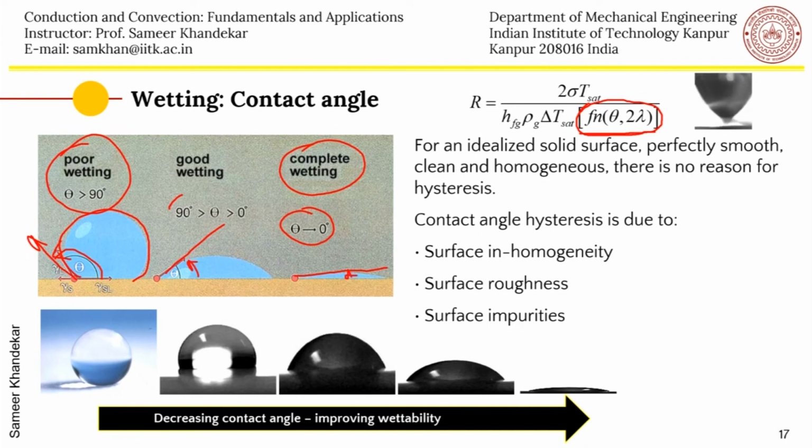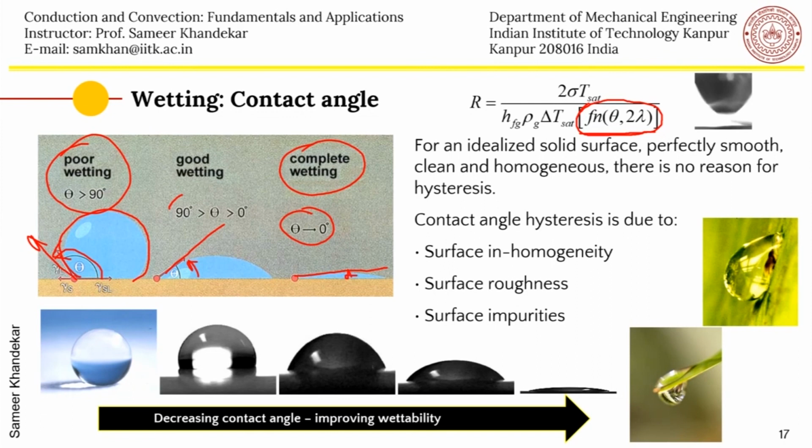The advancing angle is this angle here, and the receding angle is this angle. The droplet is tending to move towards this direction. So the advancing angle, which is theta A, is usually different than theta R. So this is theta A, and this is theta R.